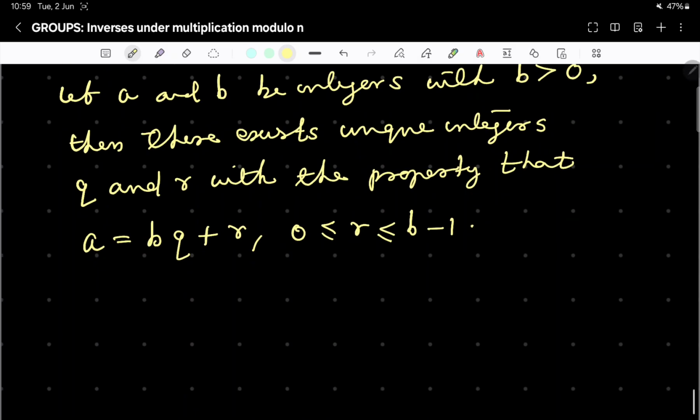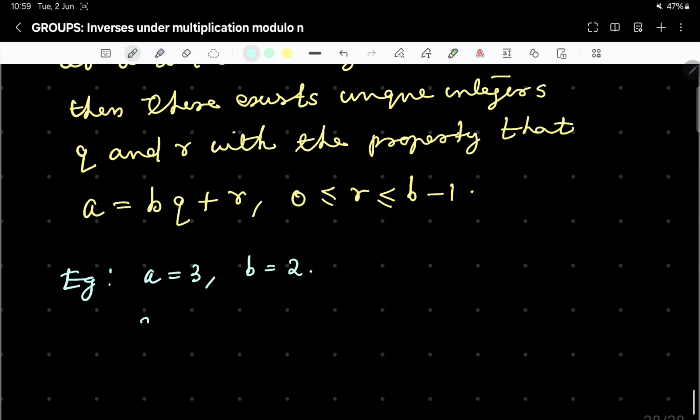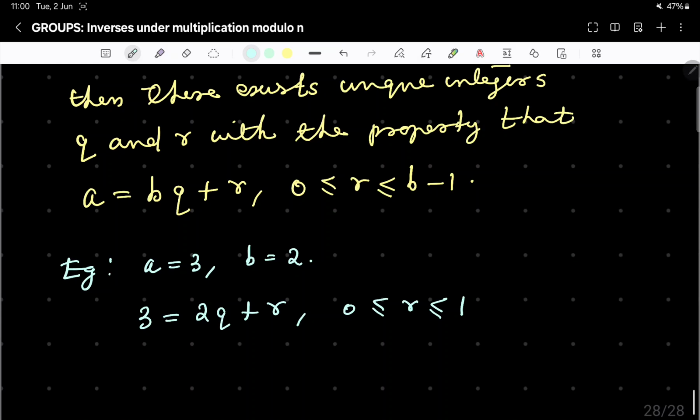So let's see some examples. Given A and B, we can write that. Let's take A equal to 3 and B equal to 2. Then you have to write 3 as 2Q plus R, where R has to be less than or equal to 1, because that is B minus 1.